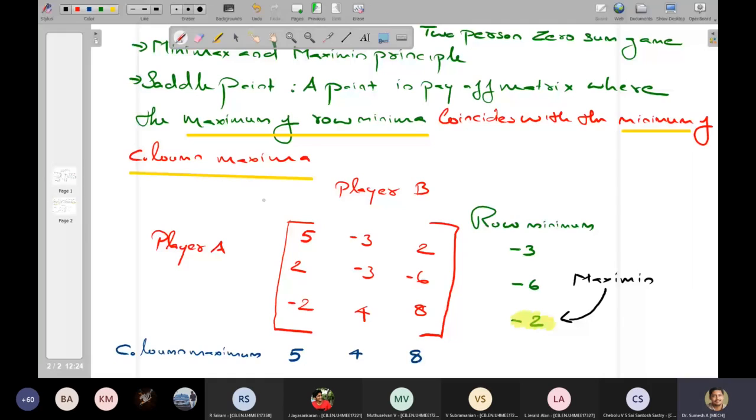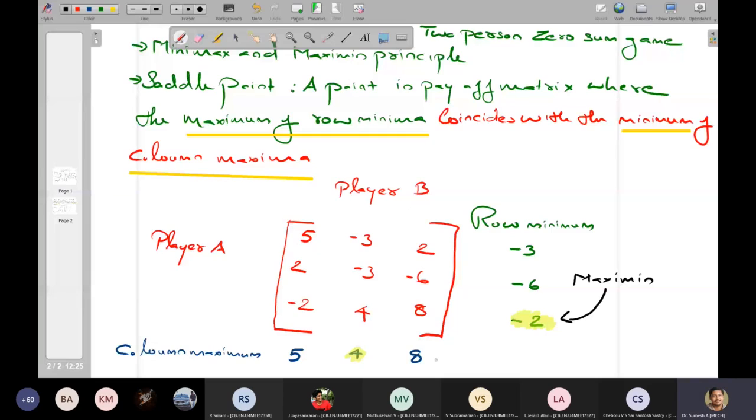Now 4 and -2, are they the same? No, they are not the same. When they are not the same, what happens?